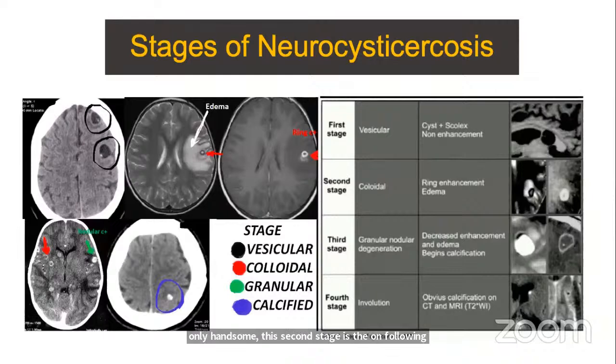In the third stage, we observe granular nodular degeneration, decreased enhancement and edema. And the fourth stage, when the cyst evolves, we observe calcification on CT scan and no enhancement.